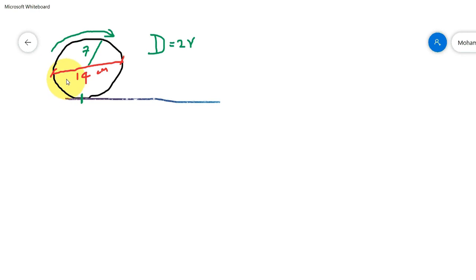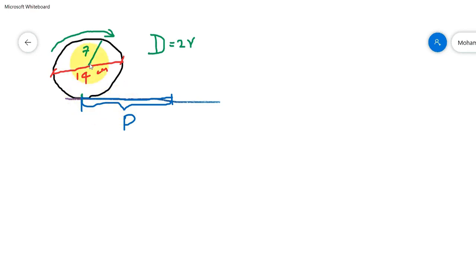When it completes one full rotation, it will move a certain distance along this path. Let me take this distance as P. This P is my perimeter.